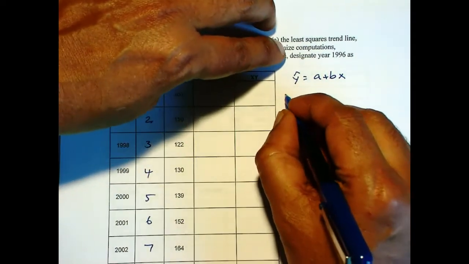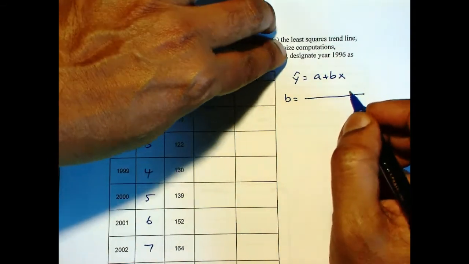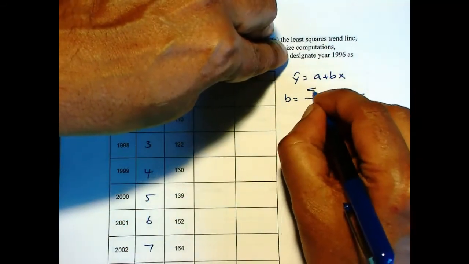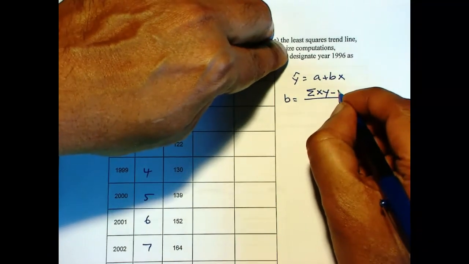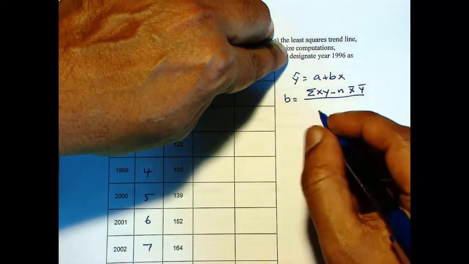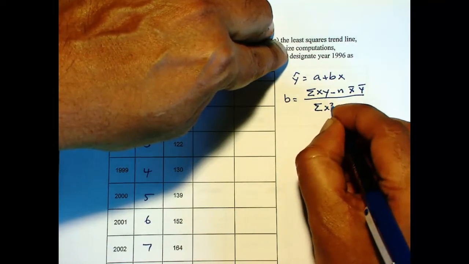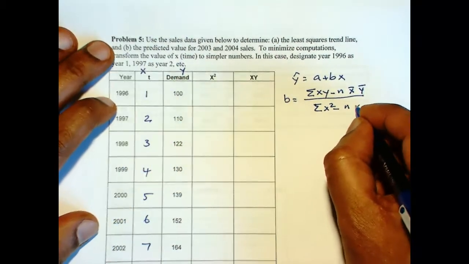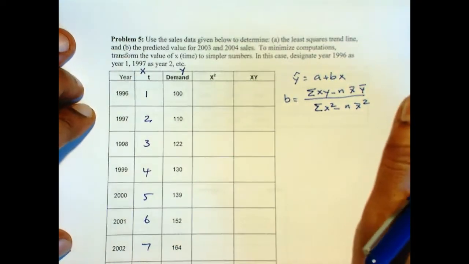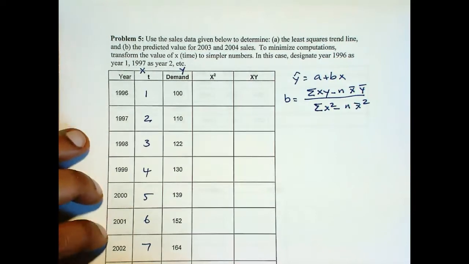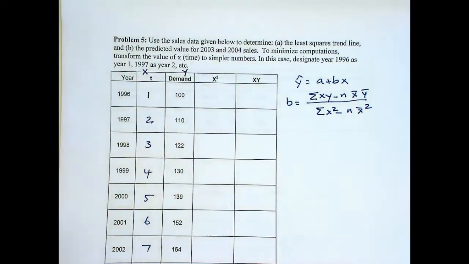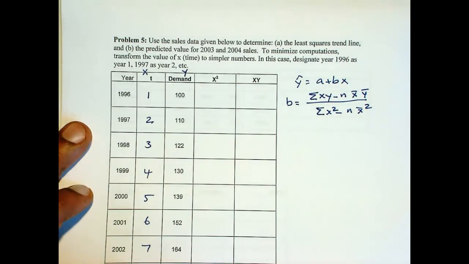Okay, and the formula for b is sum of xy minus n times x bar times y bar divided by sum of x squared minus n times x bar squared. So we need the sum of x and sum of y so we can compute. Alright, now let's look at the sum. So sum of x is 28.